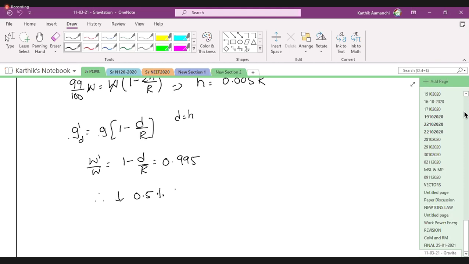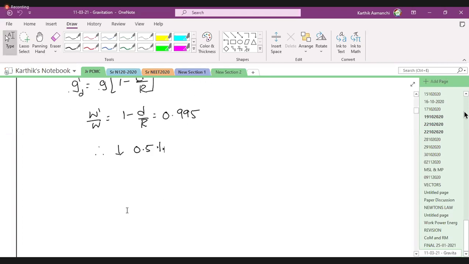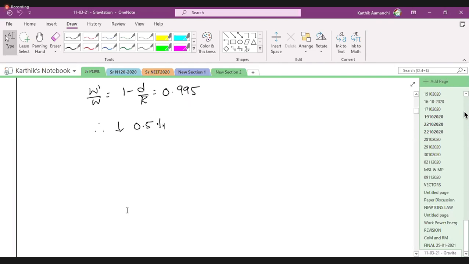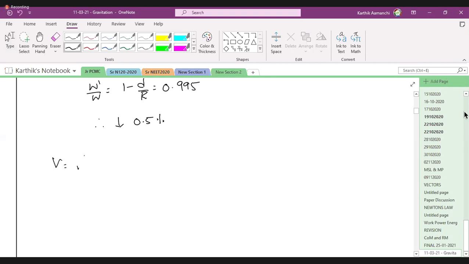Root 15 V, no? Sorry, sir. I got root 3 into 11.2. Why will you get root 3 into 11.2? So 11.2 is the escape velocity. The velocity with which it goes is V square minus VE square, no? 44.8 means 4 times the escape velocity, no?